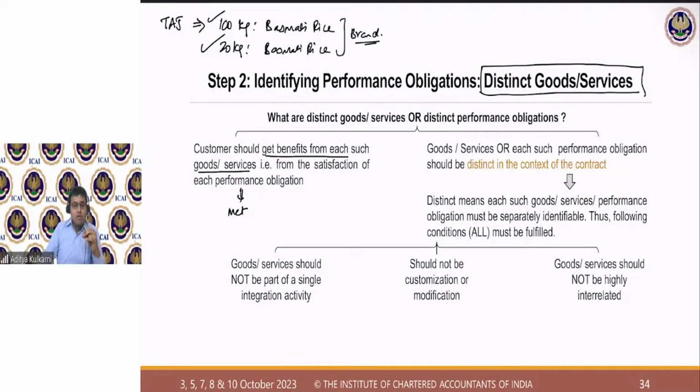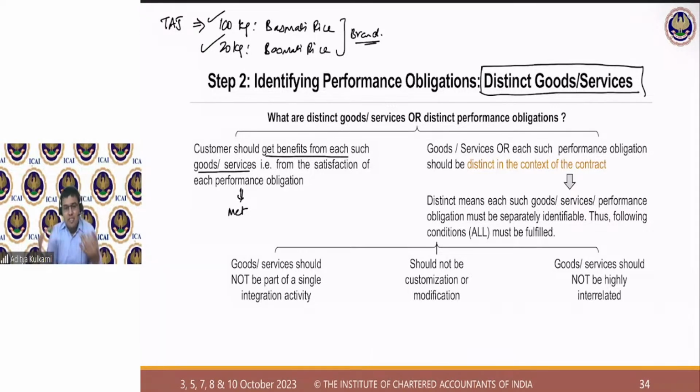They are same goods, but they pertain to different orders. So they are distinct in the context of the contract, and the customer is going to benefit from both of them. And therefore, these goods are now ending up becoming distinct.